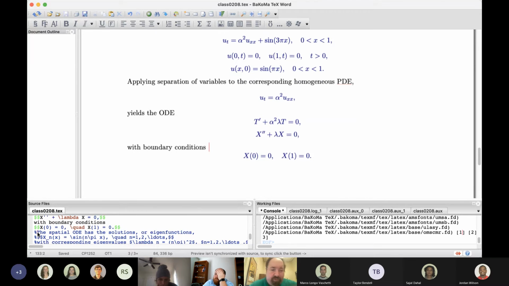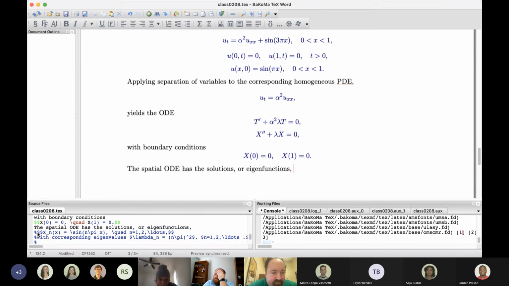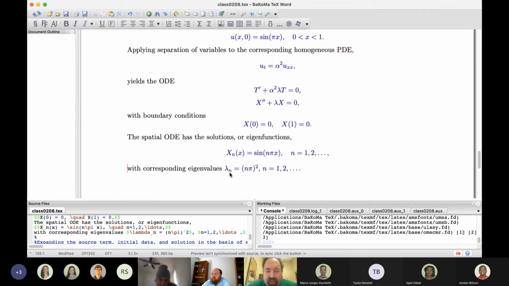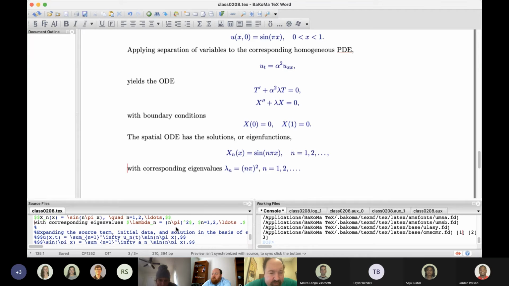And we've actually seen this one before. These are the solutions, sine n pi x, where n is a positive integer. You also need the values of lambda that work for these solutions, n pi quantity squared. So these give us the form of the solution of our original problem.